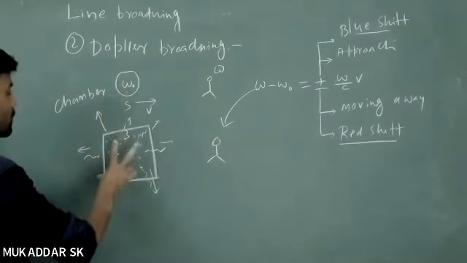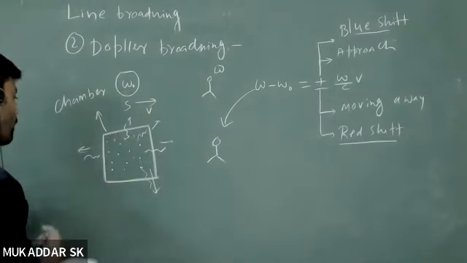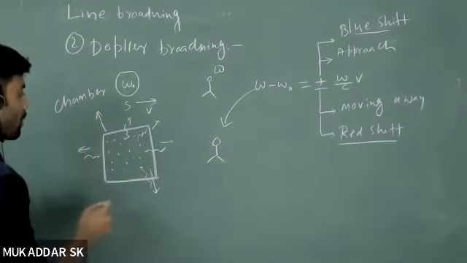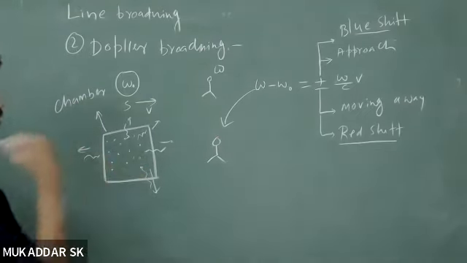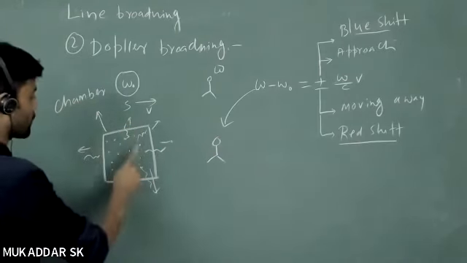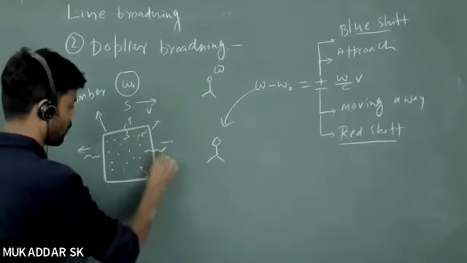Did you get what I'm saying? The atoms inside the sample are hot and randomly moving, and whatever light or frequency is produced is because of their electronic transition. Let us assume they are producing some frequency omega naught.